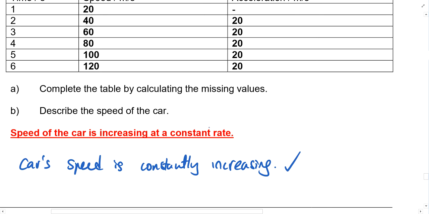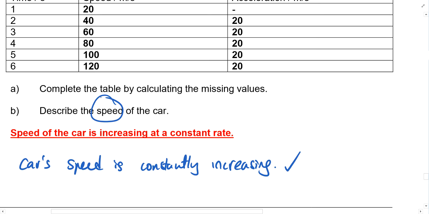Accelerating? Accelerating, but they ask about speed specifically. So I must see you talk about the speed.